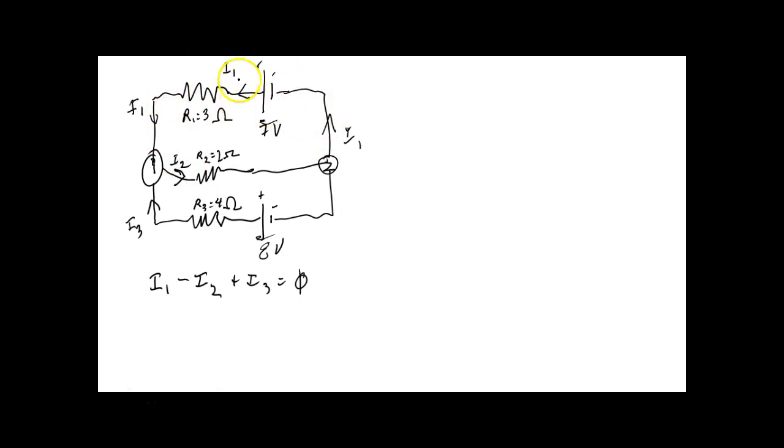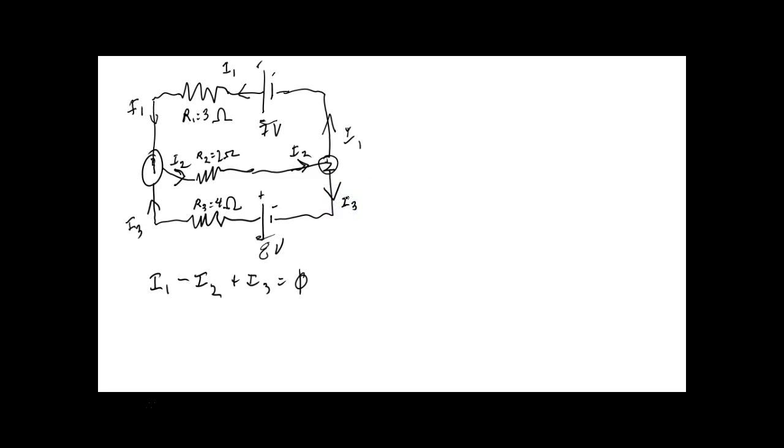There's no other way to get any other current there. And this I2 would be coming in, and this I3 would be going out. Okay? Well, then you have I1 plus I3 is equal to I2. It's the same thing. So you don't get another current equation out of junction 2.